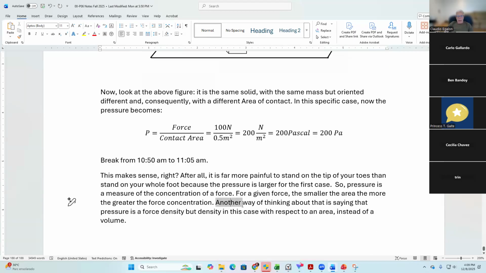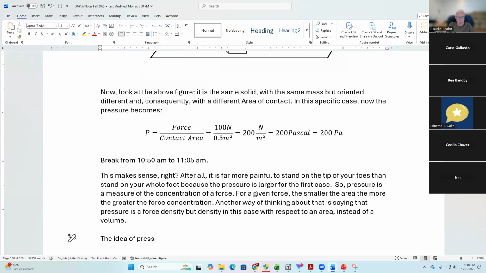And another way I like to define pressure, right? Pressure is like a force density, but this density is not a volumetric density, but an area density. It's a density in terms of the area. This idea of pressure is a concept that is not restricted. The idea of pressure, let's write it down.